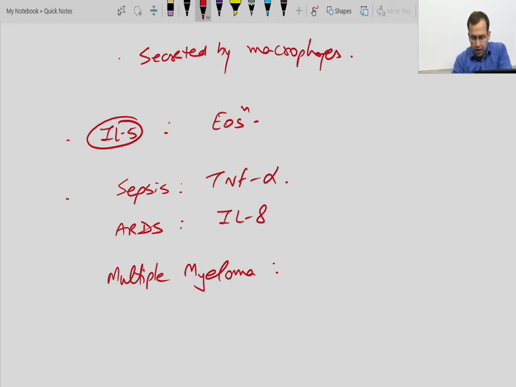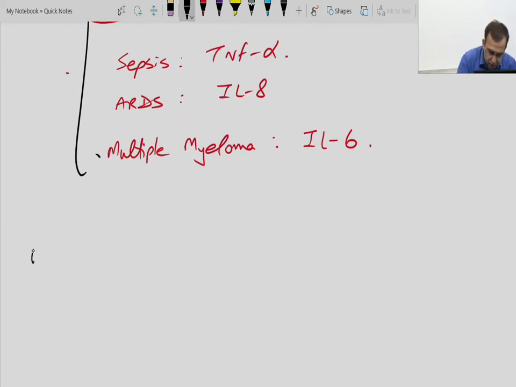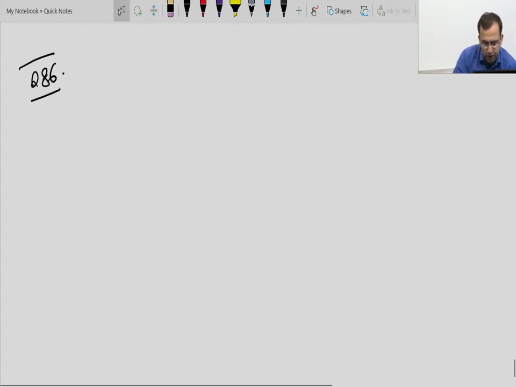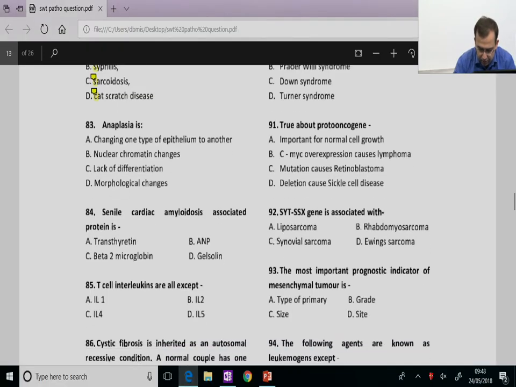Interleukin 6. So multiple myeloma, interleukin 6 overexpression. These are the miscellaneous other questions associated with it. Next, this gets us to question 86.